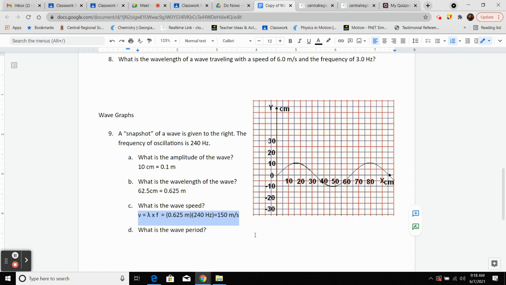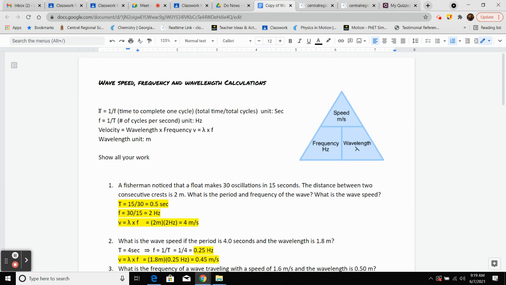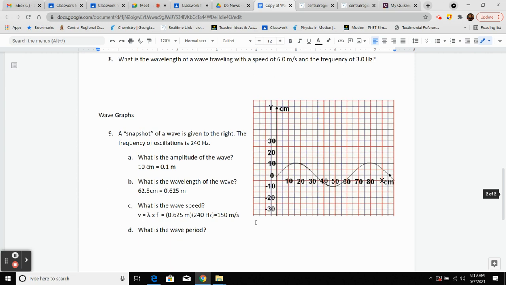How do you find the period of this wave? If I scoot all the way back up to the top, period, guys, is capital T. How do I find that? Total time divided by total cycles, but we're not given a total time or a total cycle.